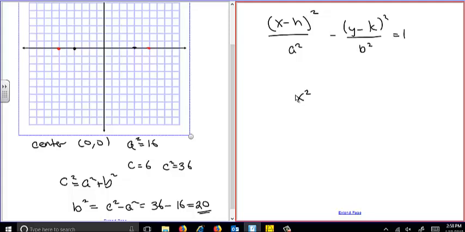Well, h and k are 0 because it's the origin. A squared is 16. A is 4. And then you subtract y squared over b squared, which is 20, and that equals 1. So that's the standard form.